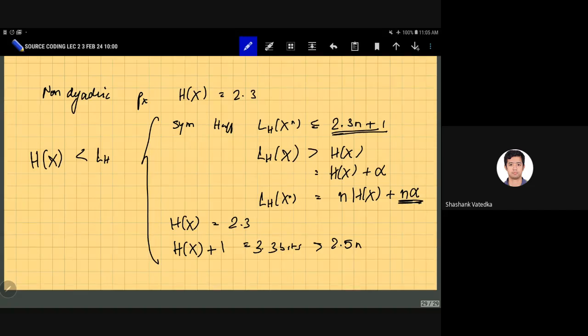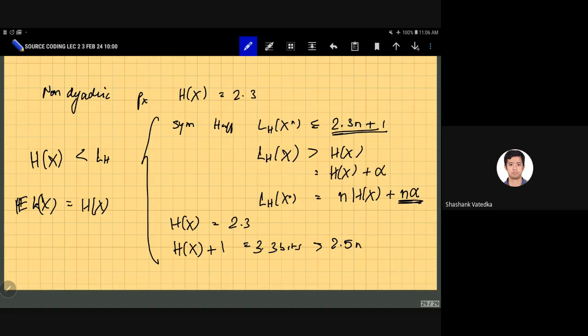The expected length can be equal to the entropy only if the source is dyadic. All right, and this is something that we've seen in the previous two classes.